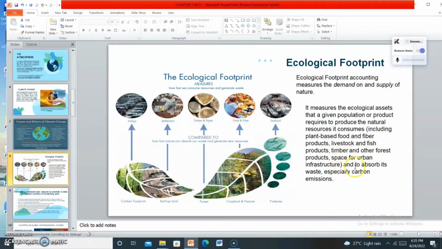It is used to observe ways, especially carbon emissions. For example, of the unlimited resources: food comes from cropland and pasture, the product is food and fiber; from forest, the timber and the paper; and built-up land is for infrastructure or settlement; and the carbon footprint serves as the energy.